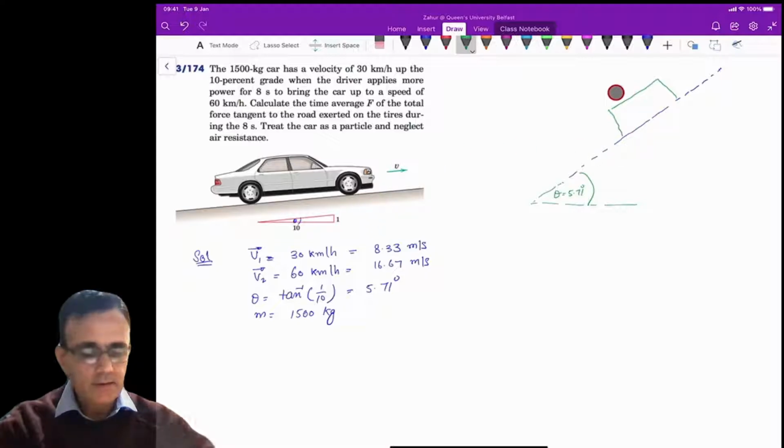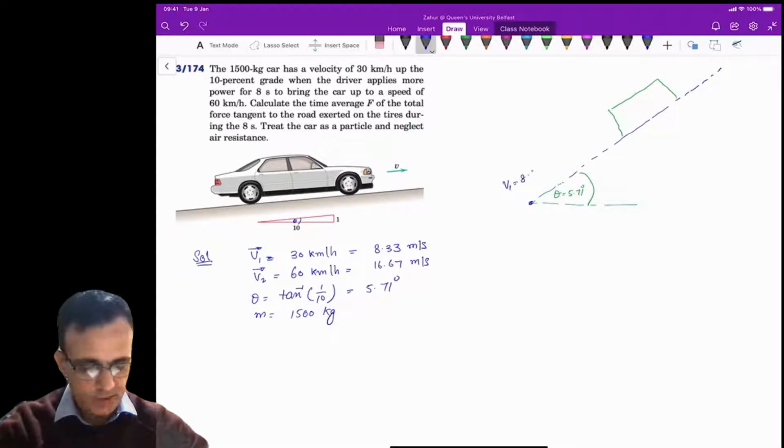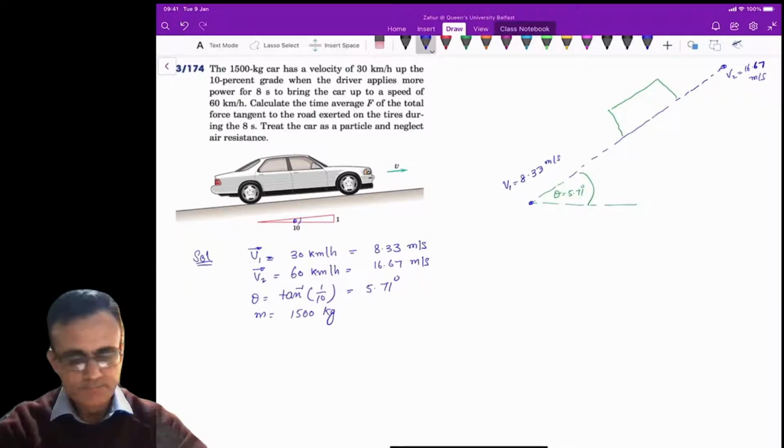The initial velocity, which was somewhere here, is 8.33, and the final velocity, which is going to be here, is 16.67 meter per second.